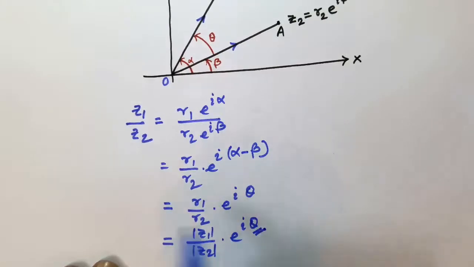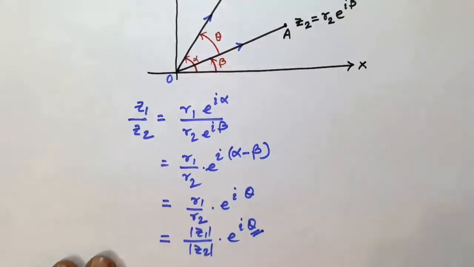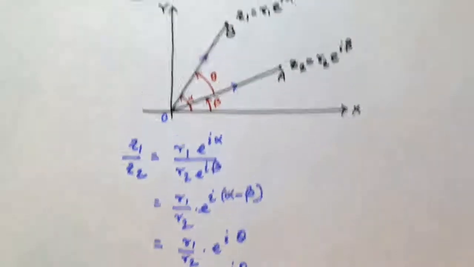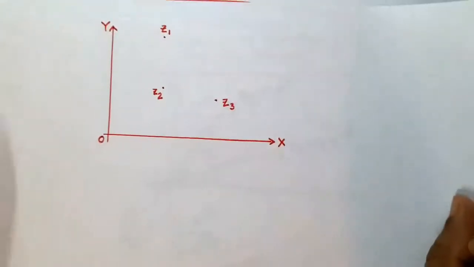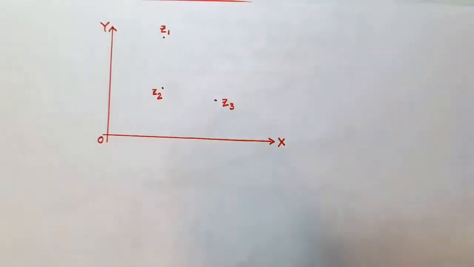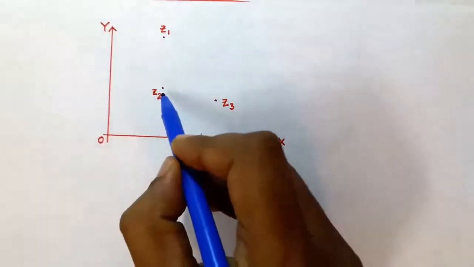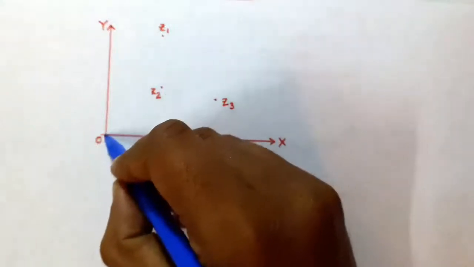So using this concept we shall learn another bigger concept where the pivotal point will not be at the origin. So we start with another figure. This is the origin. Now we take the pivotal point at Z2. We join these points respectively.